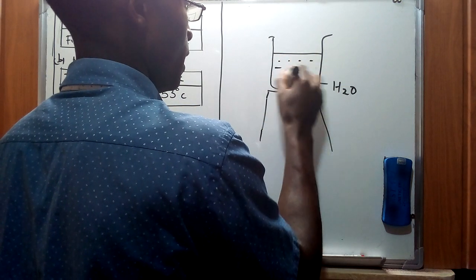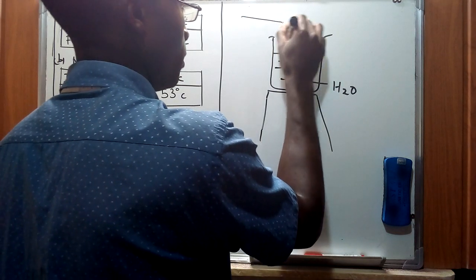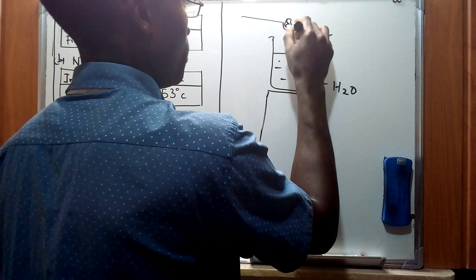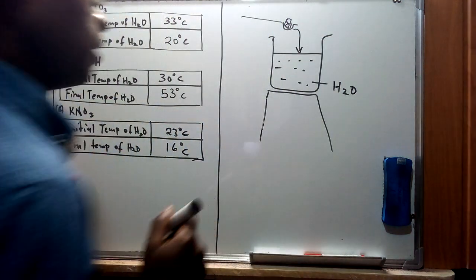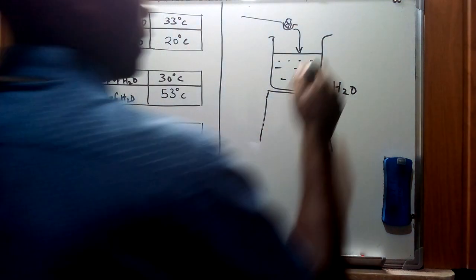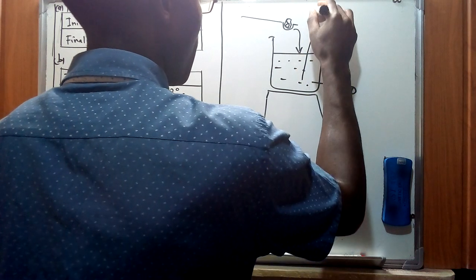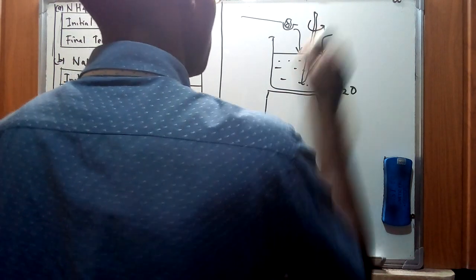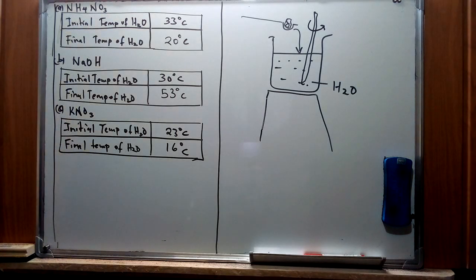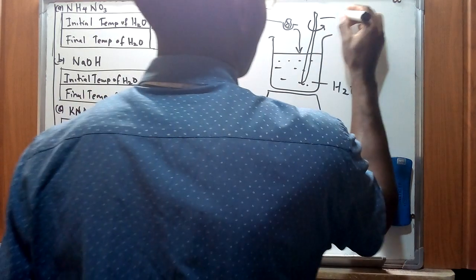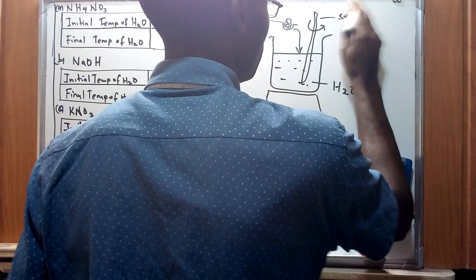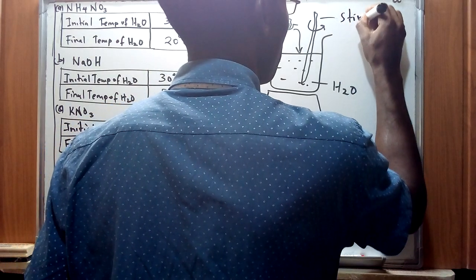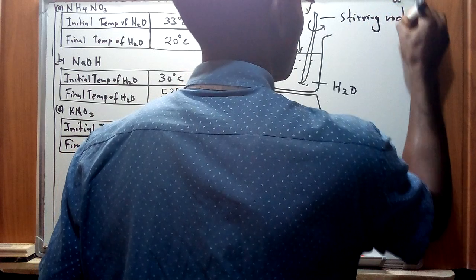Then we take a spatula full of a substance and dissolve it inside the water, and then we stir it using a glass rod. So this is a stirring rod.